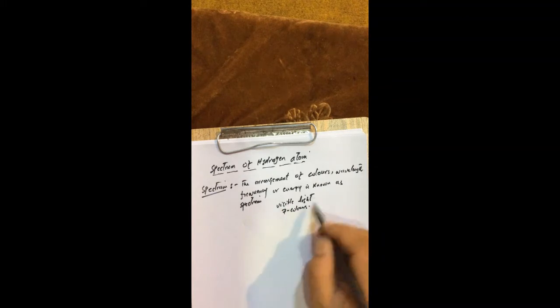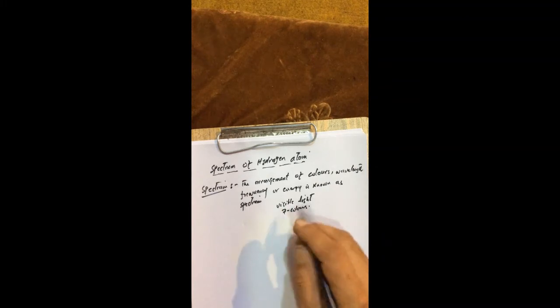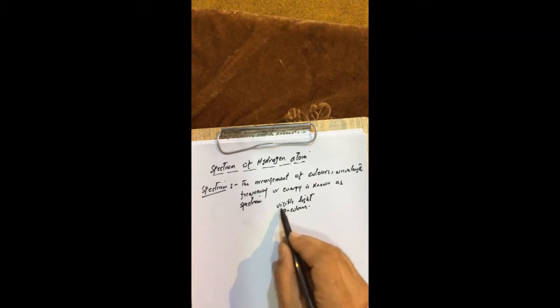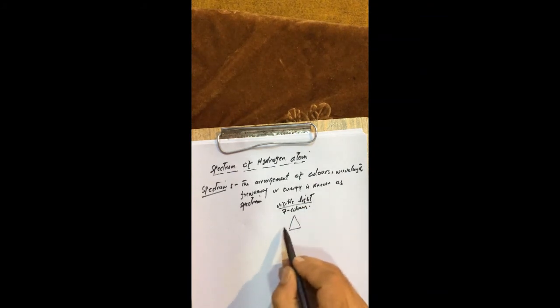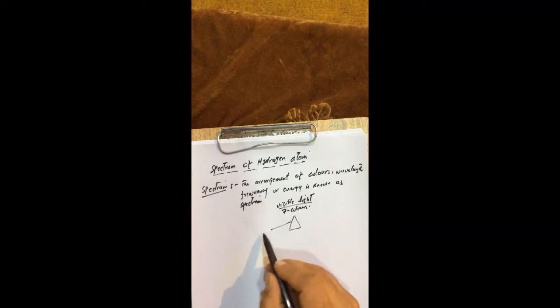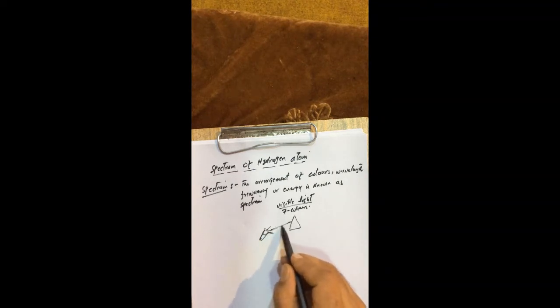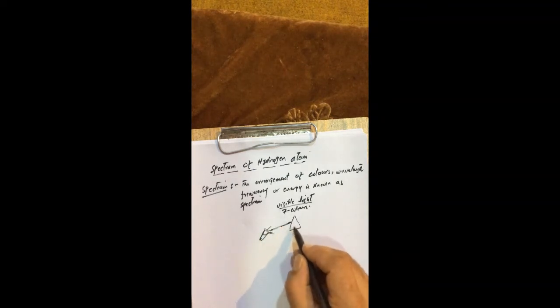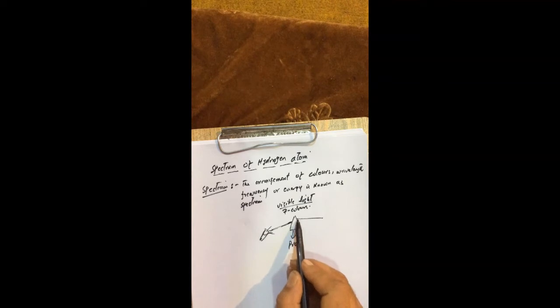Now if we divide this visible light in order of their color, like if we pass this visible light, coming from a source, as a ray through a prism, then after passing through the prism, this light bends and also splits into 7 colors.